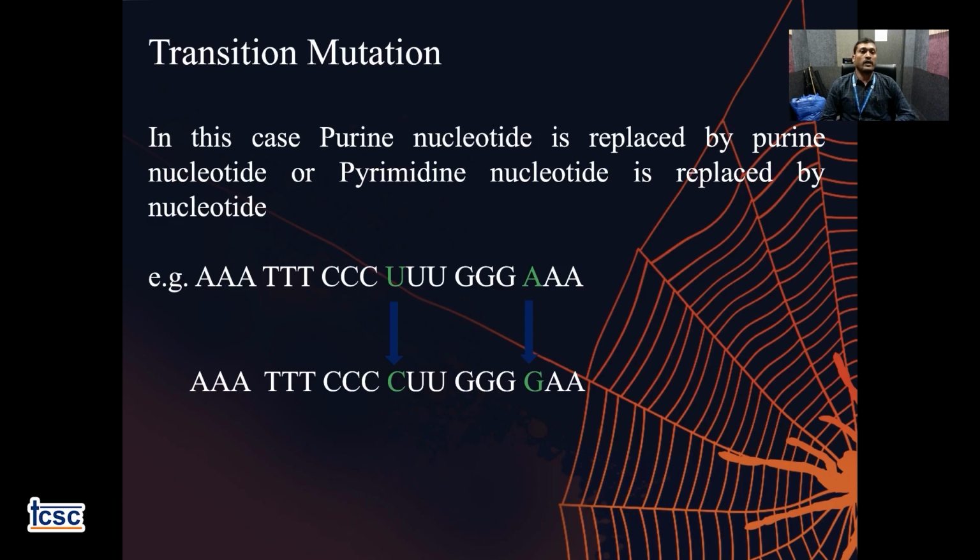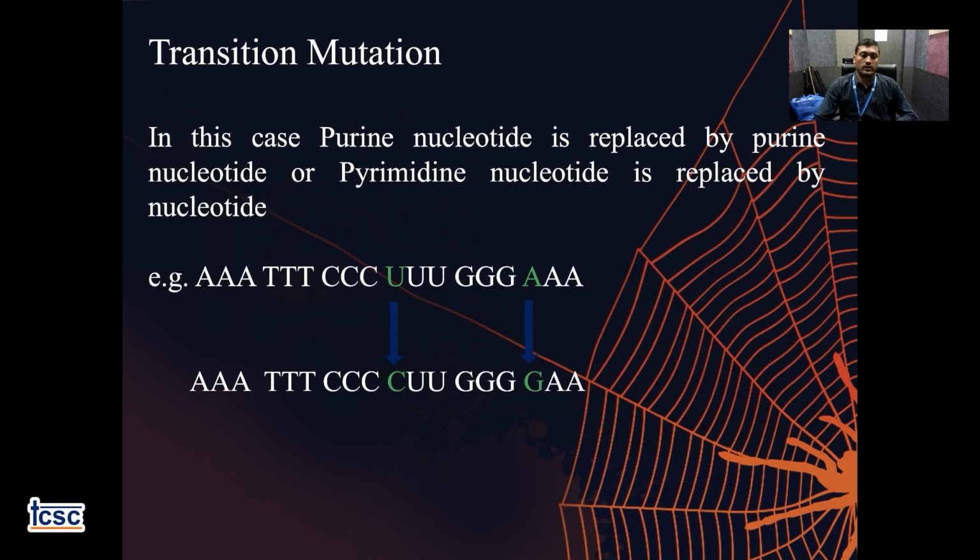Now let's come to transition type of mutations. What is meant by transition mutation? Here a purine nucleotide is replaced by a purine nucleotide, or a pyrimidine nucleotide is replaced by a pyrimidine nucleotide.